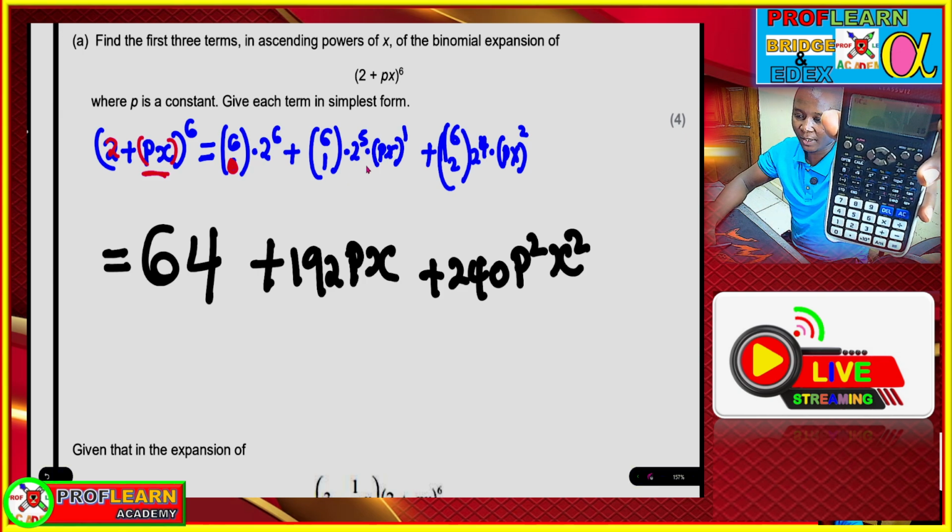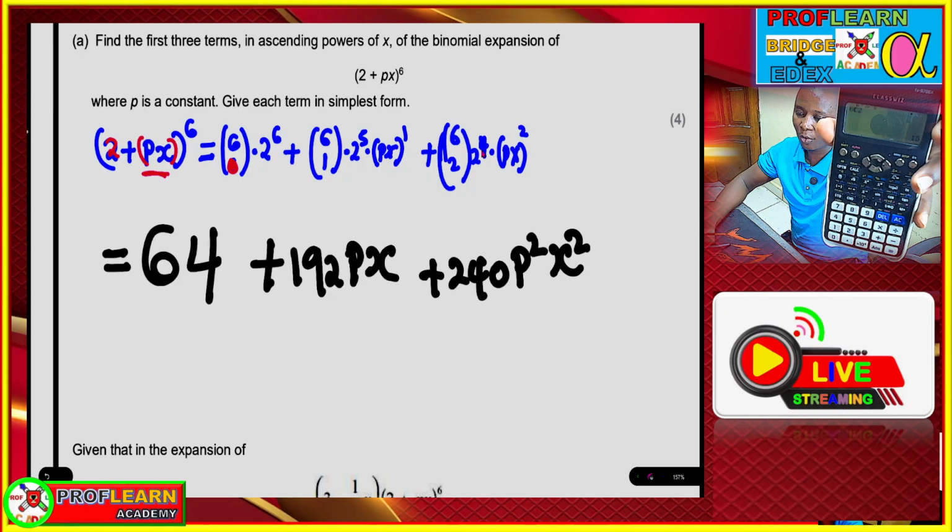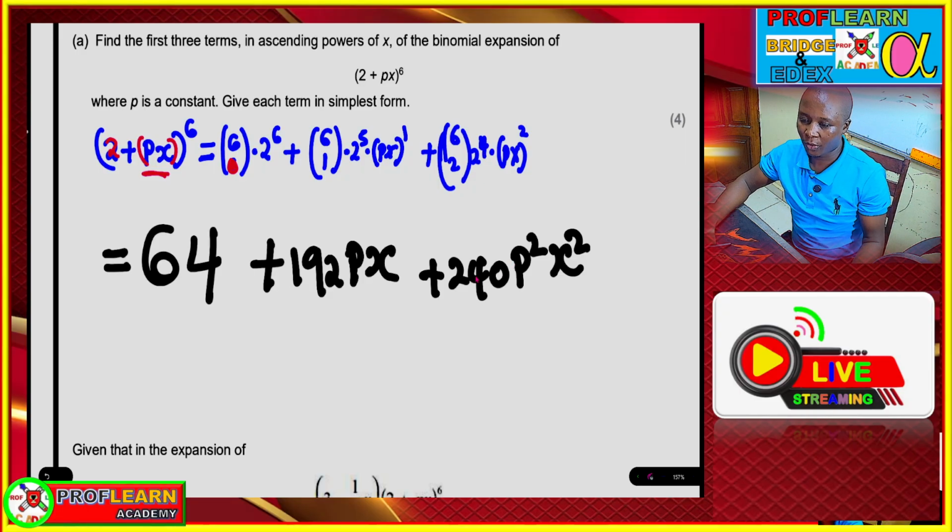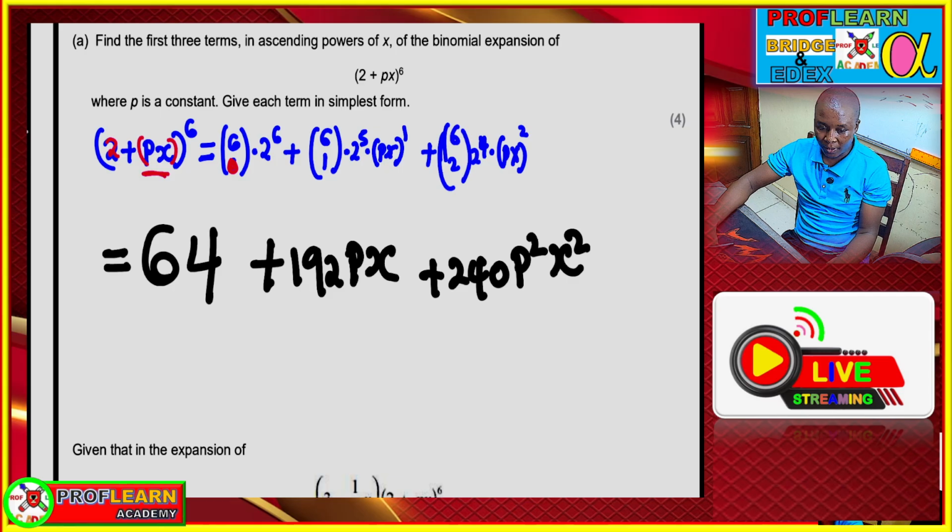Then 15 times 2 power 4 is going to give you 240. 6 times 2 power 5 is going to give you 192. 1 times 2 raised to power 6 is going to give you 64. Those are the first three terms that you are supposed to give in this particular question. Now, once you have this, what next are you going to do?